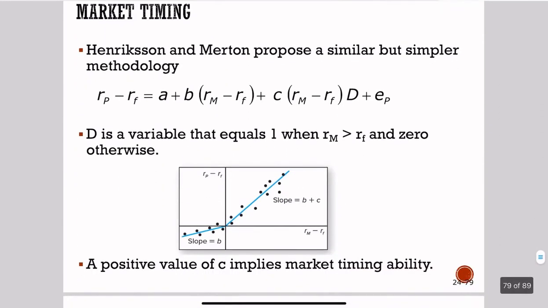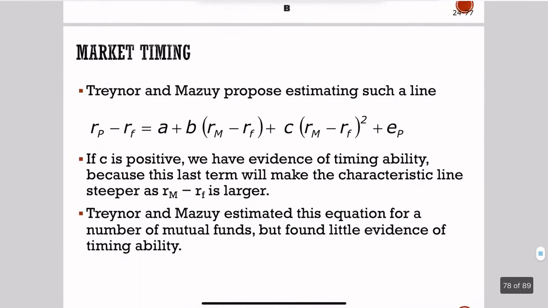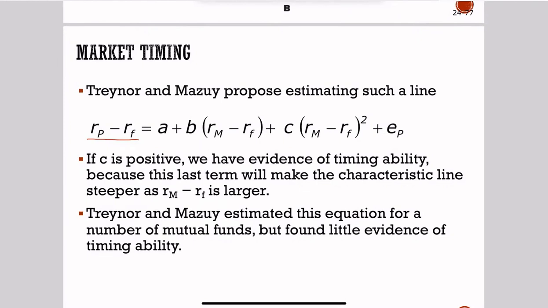Okay, and then we talk about the econometric implementation. You will try to do the following estimation: you will estimate the excess return of the portfolio P with respect to the excess return of the market.